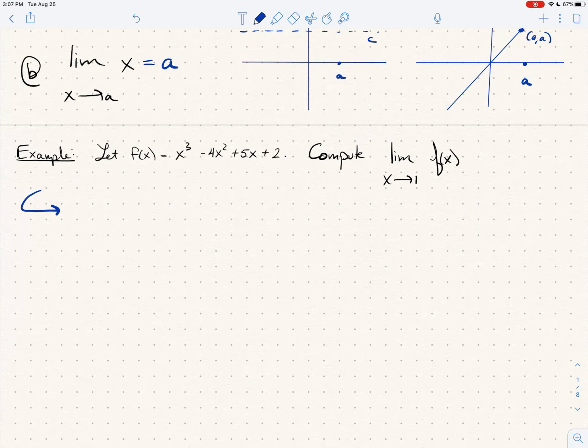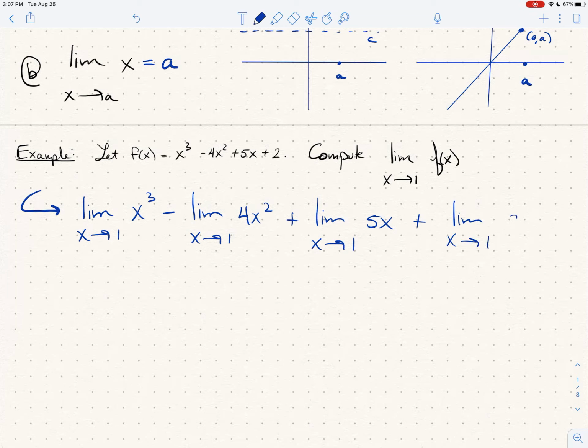So I can write this as the limit as x goes to 1 of x cubed minus the limit as x goes to 1 of 4x squared plus the limit as x goes to 1 of 5x plus the limit as x goes to 1 of 2. Yes, I could have done more, but I want to use these limit laws very carefully. So now in the next part, I can factor out a 4, and I can factor out this 5.